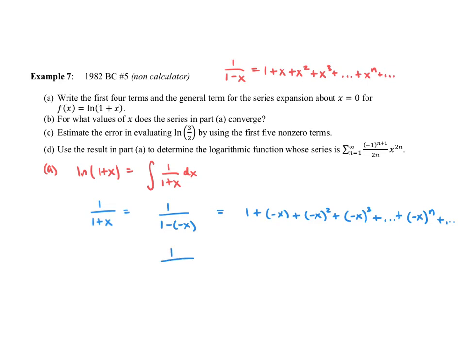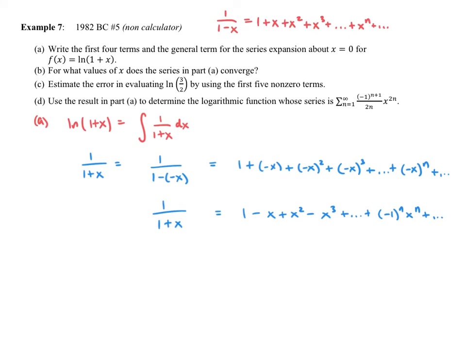So this is going to be 1 minus x plus x squared minus x cubed, and then so on. Here's my alternator. Okay, that one's not too bad, I don't think. And so what we're going to do with this is take the integral of both sides. So we're going to integrate and integrate.